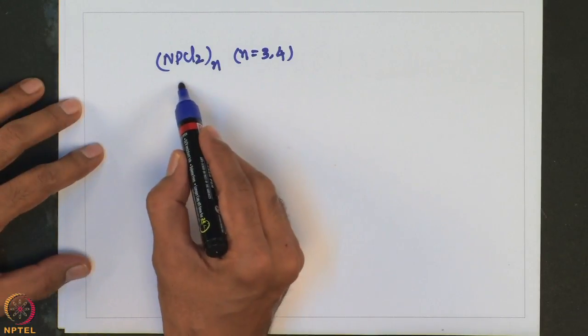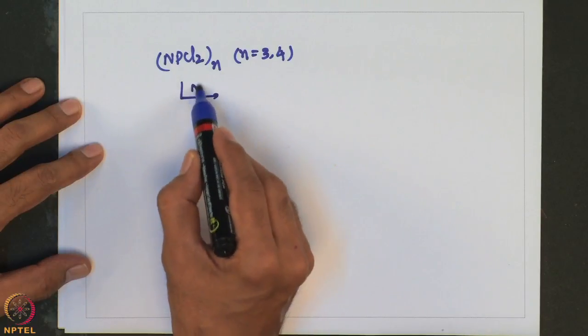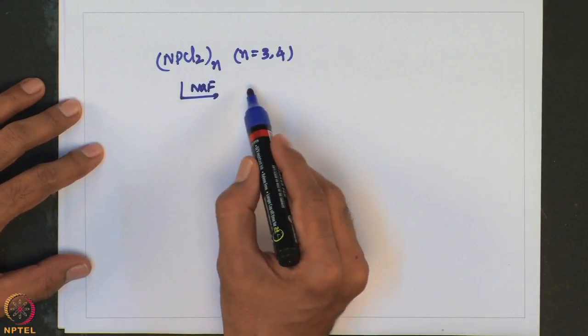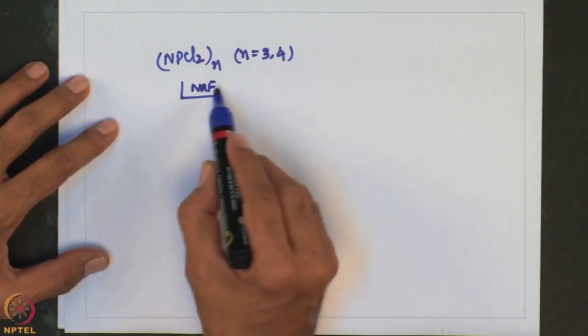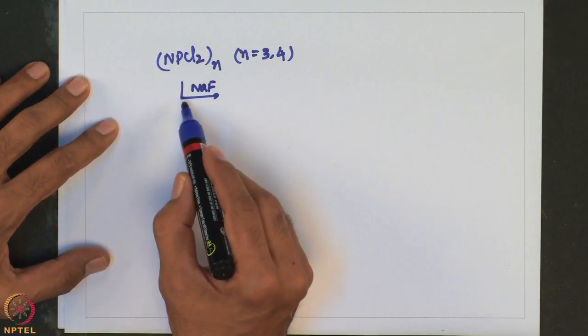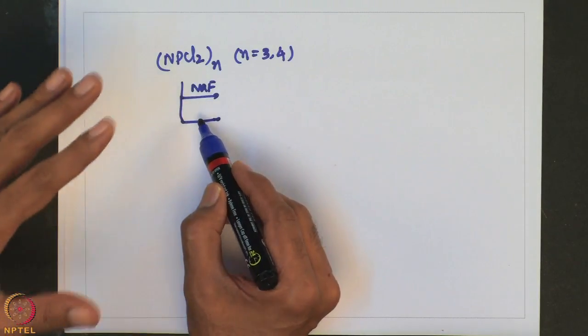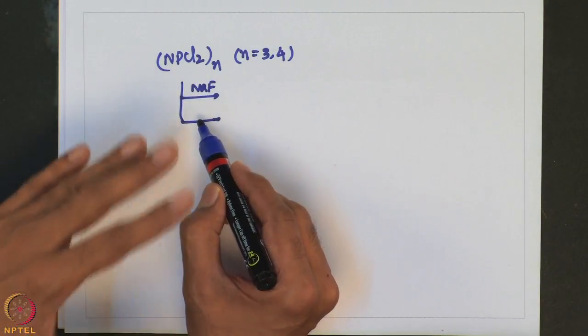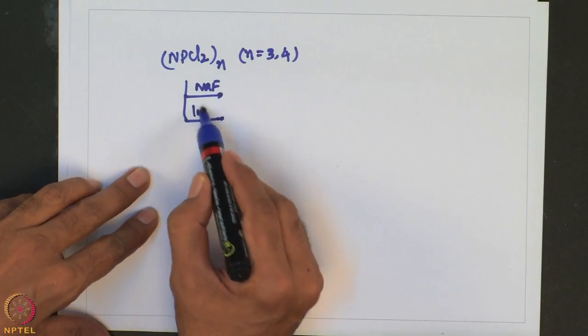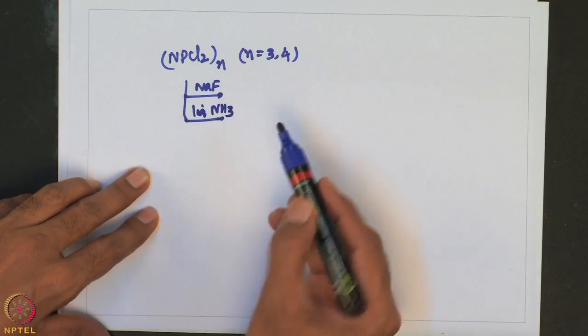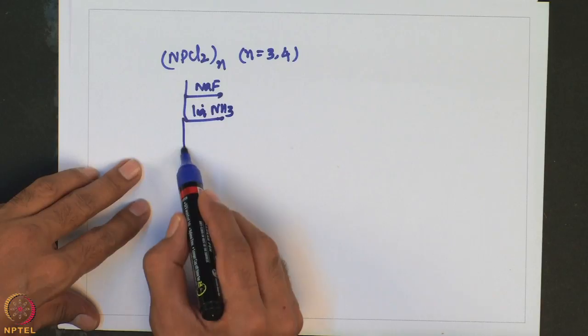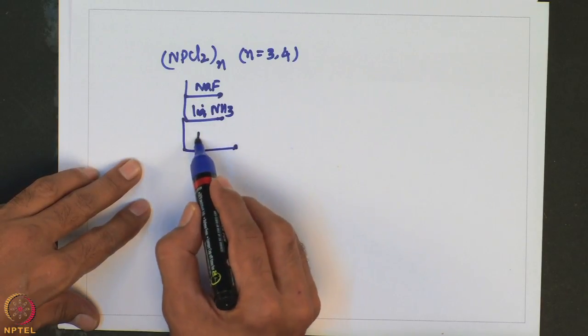For example, with sodium fluoride we can get fluorinated compounds, we can have NH2 using liquid ammonia, and we can add NMe2 groups.